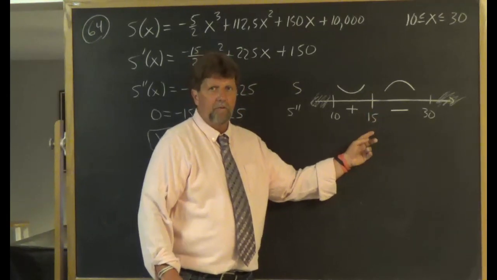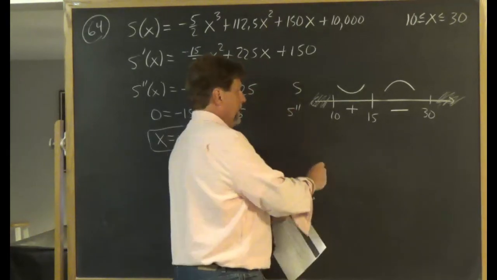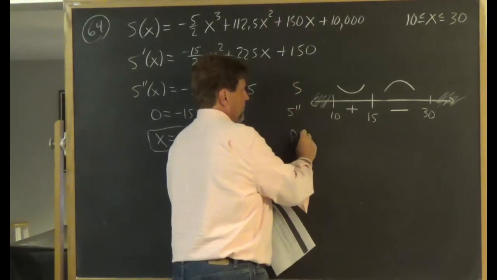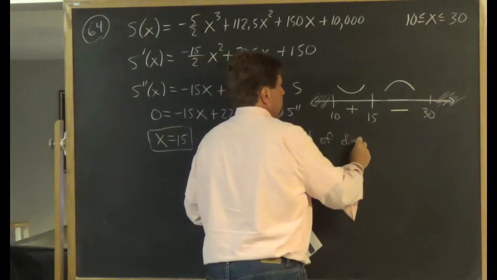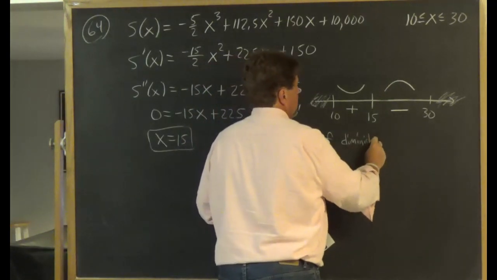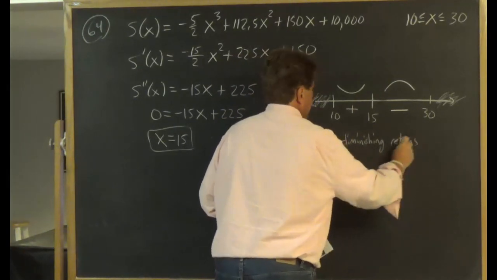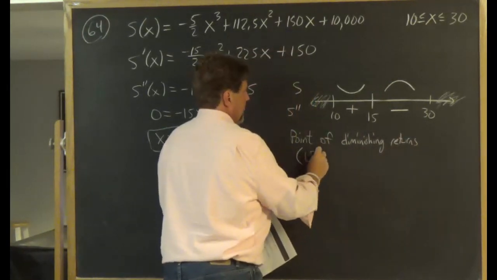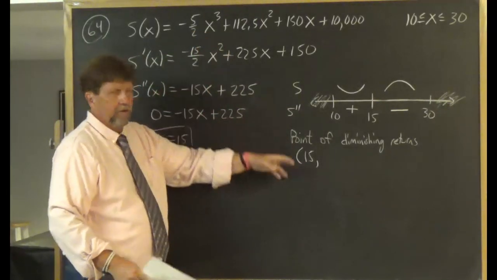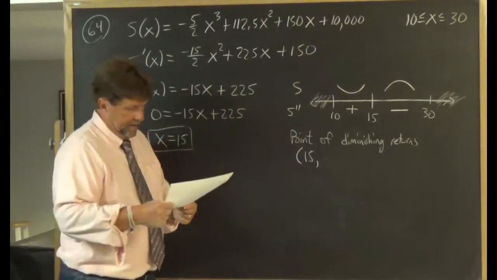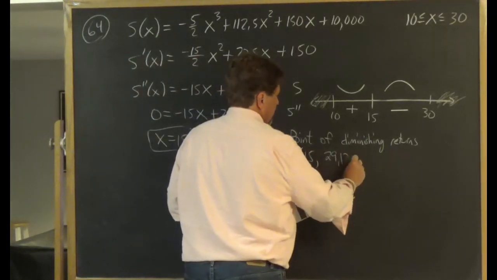It's an inflection point, and here it's the point of diminishing returns. I'll write it down like that: the point of diminishing returns is 15, and then the y-coordinate is found by evaluating the original function at 15, and oh good grief, you get 29,125.